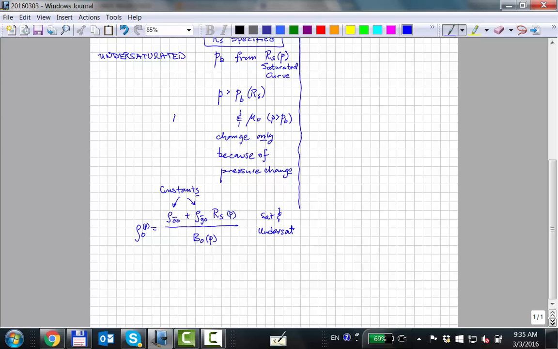And likewise the BO, it's going to be given for pressures greater than its bubble point. Okay? And there might be 3 values or 10 values or 16 values, whatever. There's going to be a number of values at different pressures, at least one. Okay?